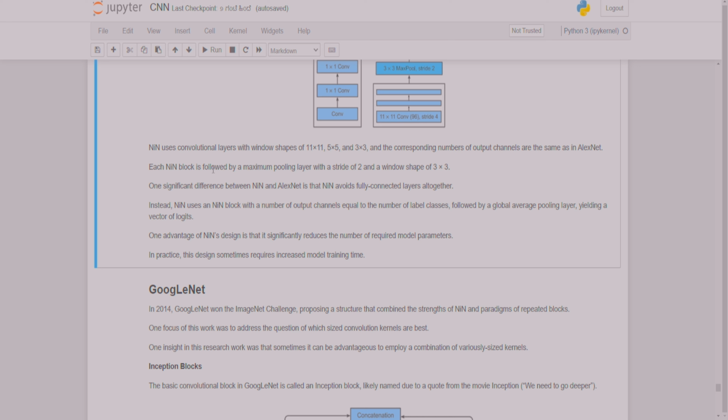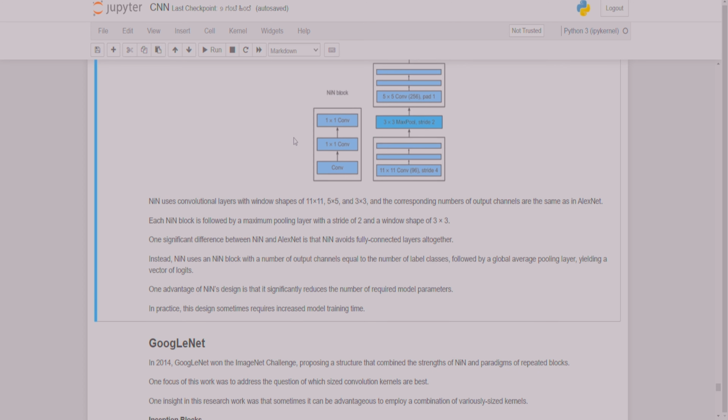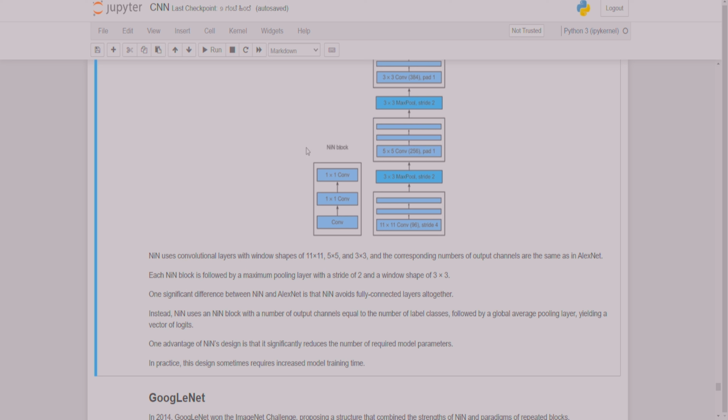Because of avoiding two or three layers of say 200, 300 or 500 neurons, each connected to every other neuron, you reduce the number of parameters, in the sense the weights. Total weights required to train have been reduced drastically. That is the fundamental idea behind the NIN structure.